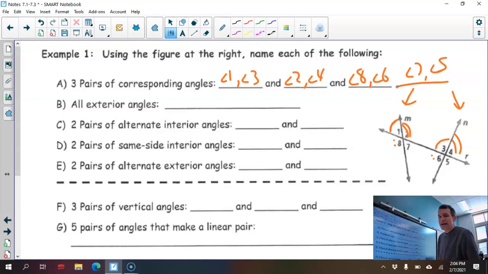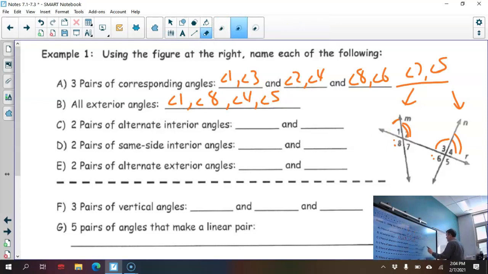Can you name all of the exterior angles? That would be the angles outside the 2 lines. Well, hopefully you can. The goal here is for you to name them actually before I name them, right? So that would be like angle 1, angle 8, angle 4, and angle 5. How about, can you name the alternate interior angles?